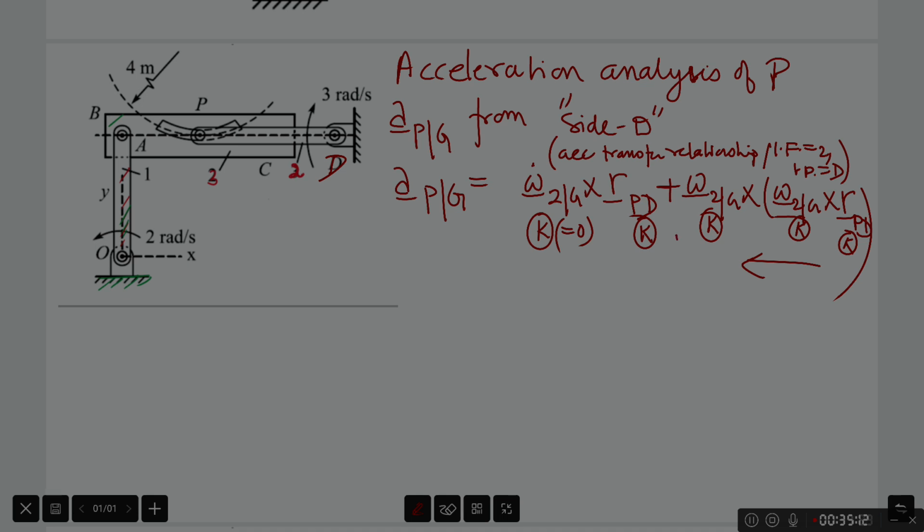So the only contributing term is this double cross product term. If you put the numbers given in the problem statement, we get APG from side D as 18 meters per second square. So the acceleration of point P is pointed towards D itself.